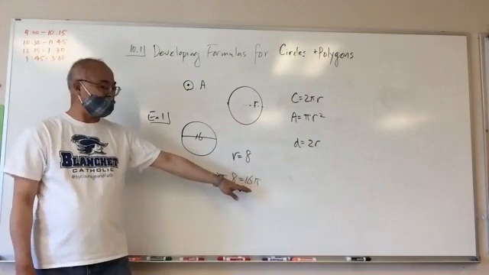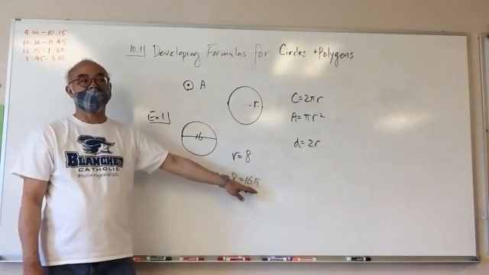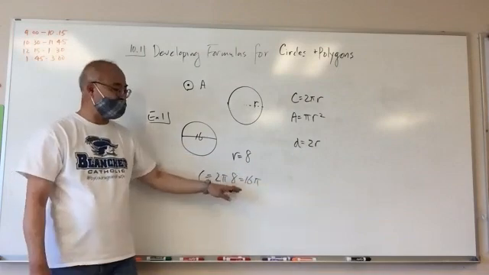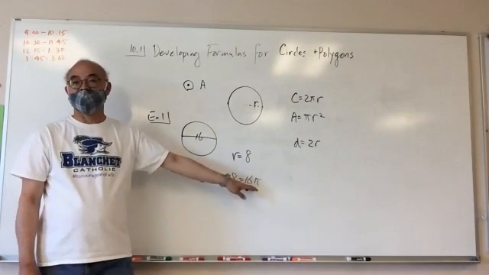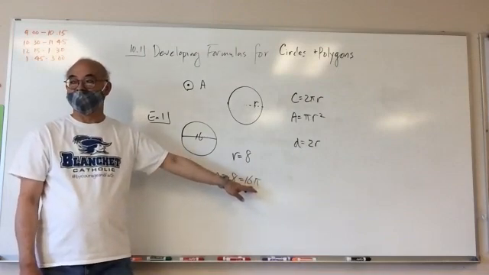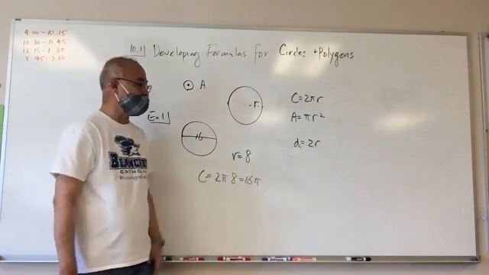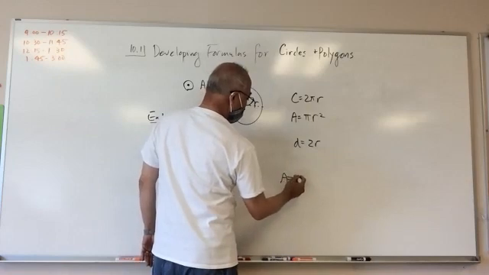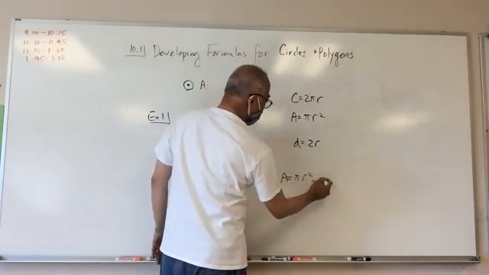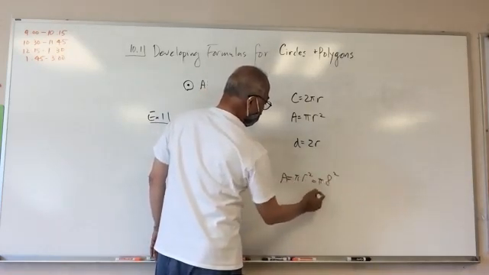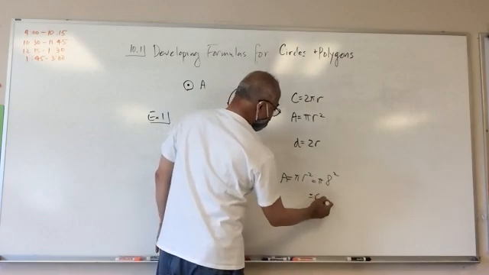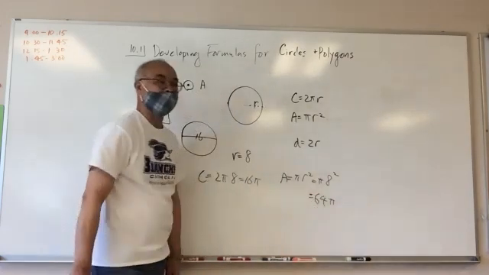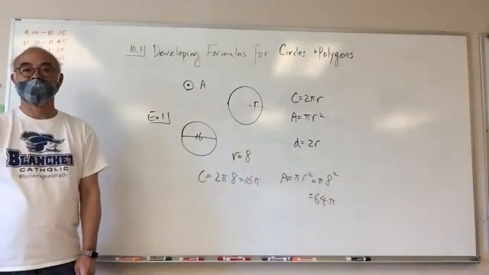But if you left it like this on a, it's not a multiple choice, and you just left it at that, you would get full credit from me. Okay. What is the area? Area is going to be equal to pi r squared, pi, so it'd be 8 squared, 64 pi. Right?